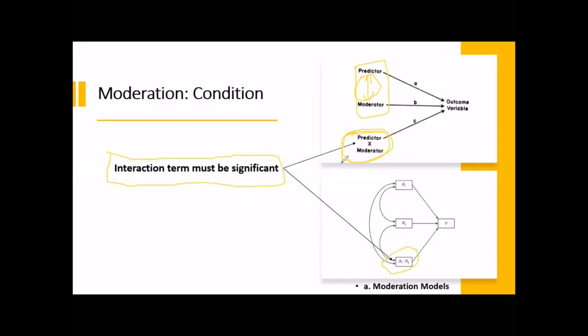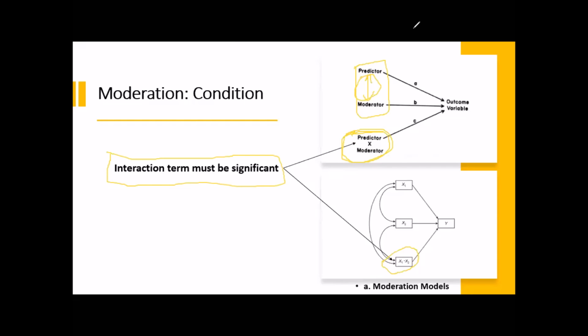So we can simply differentiate between the moderator and the mediator based on two different conditions. The first one, the relationship between predictor and the moderator should not be significant. The second thing is the interaction term between predictor and the moderator must be significant. So this is the condition of the moderation analysis.